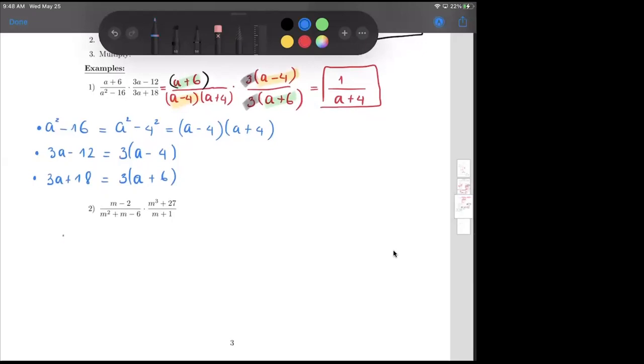Bullet point again. M minus 2, nothing you can do about it, leave it alone. What about M squared plus M minus 6? Someone tell me how do I factor this? Would you use product sum? Yeah, product is -6, sum is 1. So m, m.